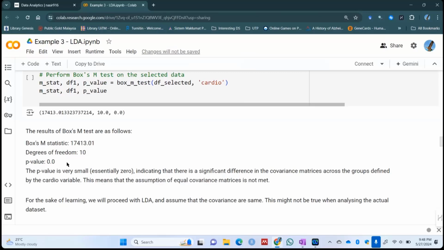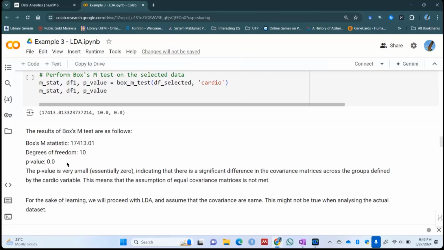Alternative hypothesis, data has no equal variance. The equality of variance is not assumed. So since the p-value is less than 0.05, we reject the null hypothesis. We accept the alternative hypothesis. So the conclusion is that the equality of variance is not assumed.